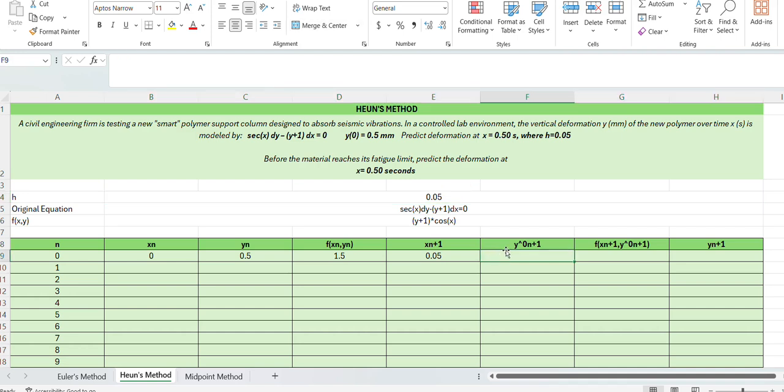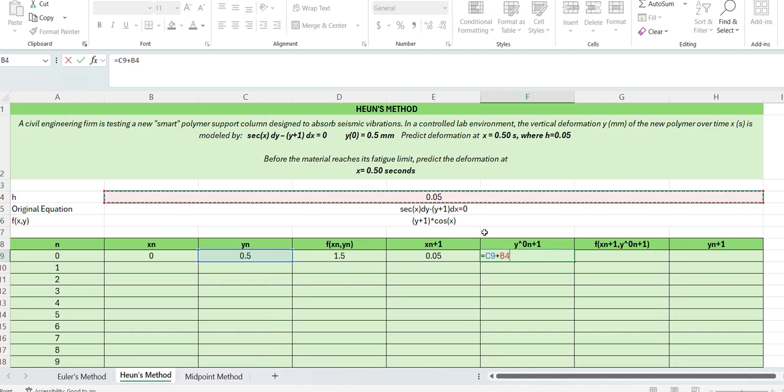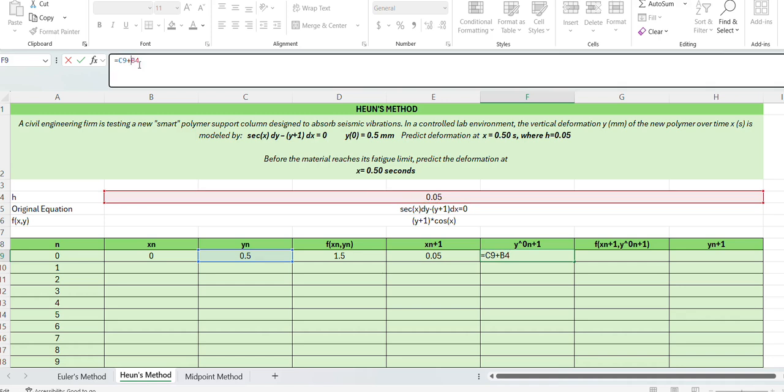For y_(n+1) raised to 0, we equate the initial value of y_n plus h, which is 0.05, with the dollar sign, multiplied by the value of f of x_n, y_n.